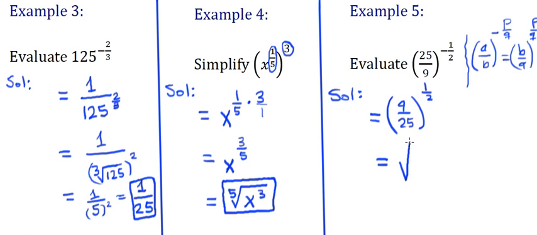So this will be a square root. Remember, the index 2 goes here. We don't need to write the index 2. So we're dealing with the square root of 9 over 25. And the square root of 9 is 3. Square root of 25 is just 5. And then we're looking here at the final answer.